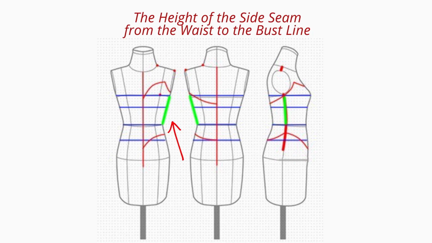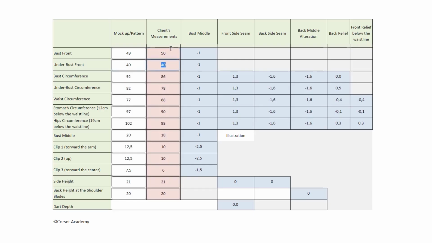I recommend taking an additional measurement, the height of the side seam from the waist to the bust line. Write it down separately. We'll need it for further considerations. Enter the measurement values in the Client's Measurements column.